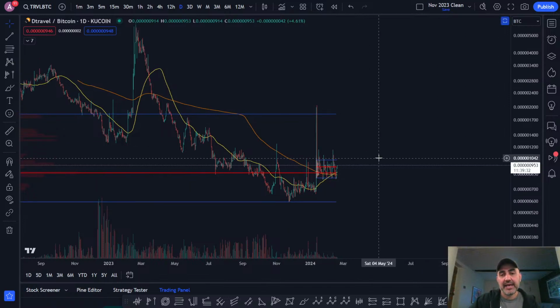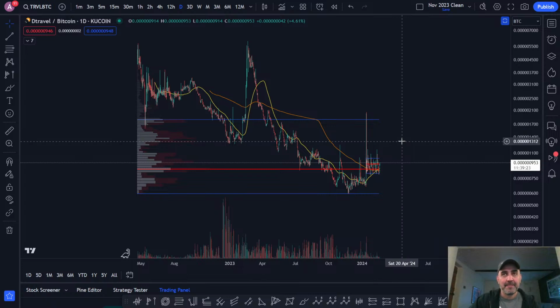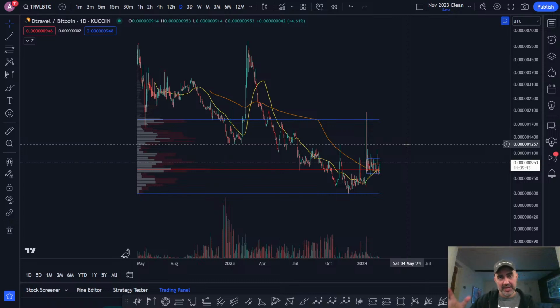Yeah, and I think once this project grows in value and once it becomes more and more known and recognized, just wait and see what happens. Because right now what I'm seeing is a lot of adoption on Dtravel. A lot of people are coming over from Airbnb, from VRBO, from booking.com.